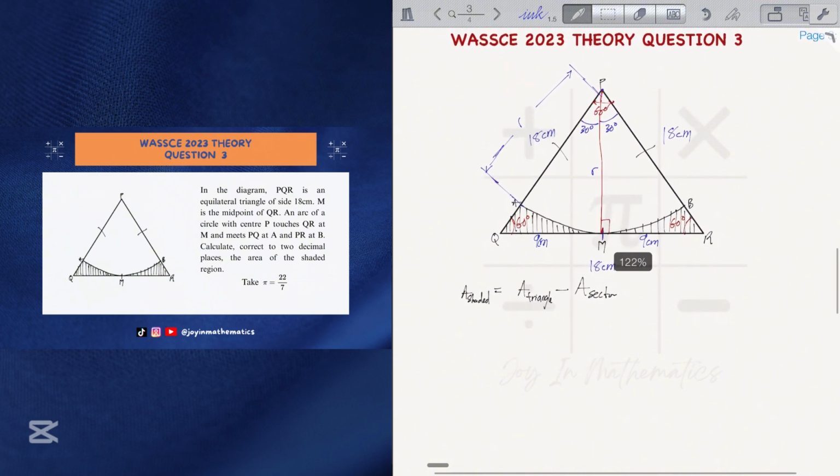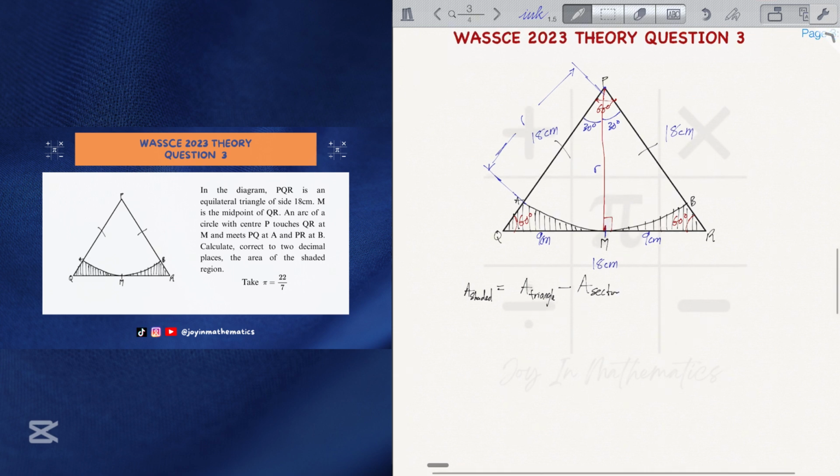To find the area of a triangle, we can use so many formulas. We can solve it in 2 ways, but I will choose to go with the simplest way first. So the area of a triangle is equal to 1/2 ab sine theta.